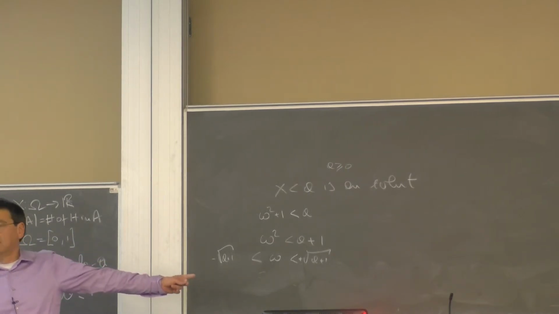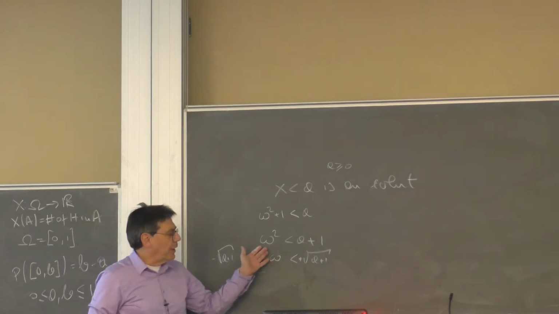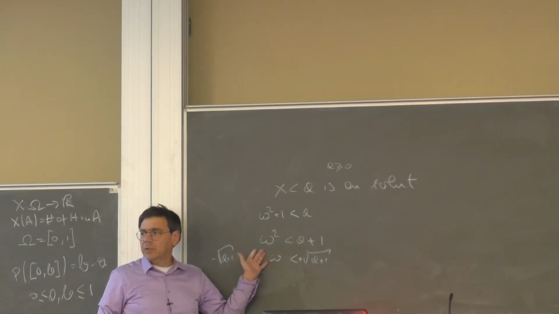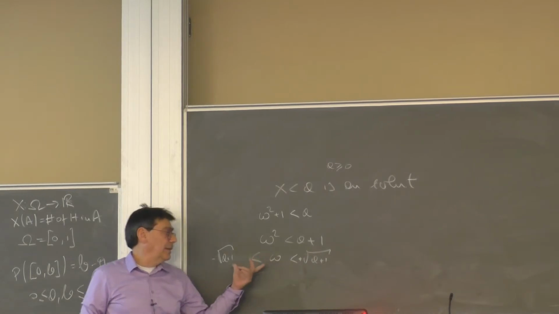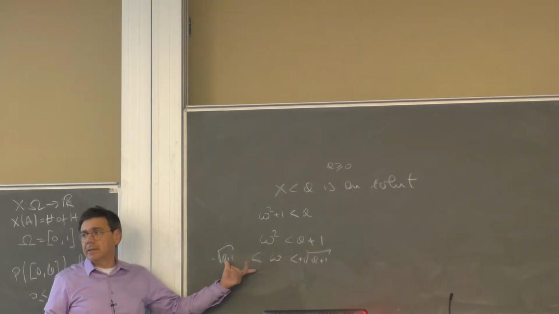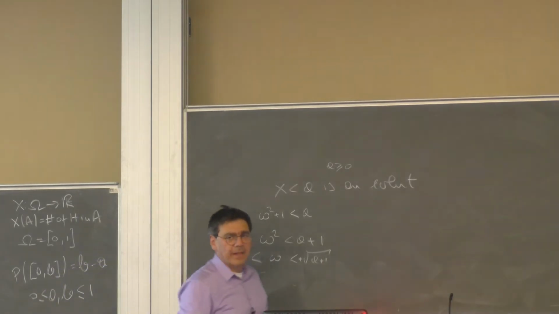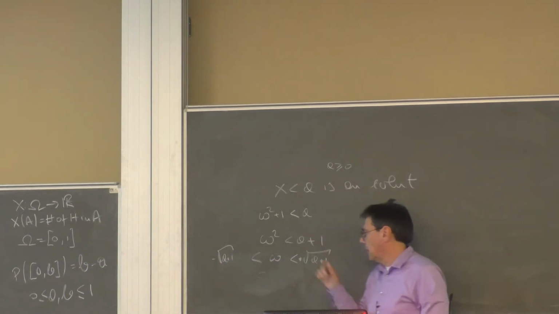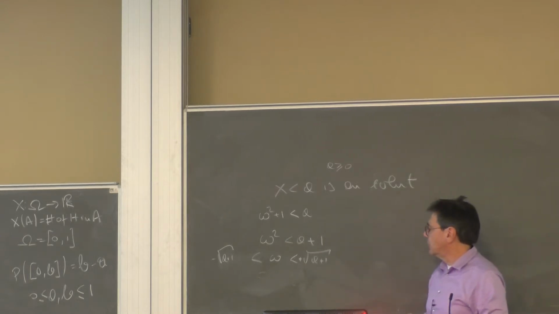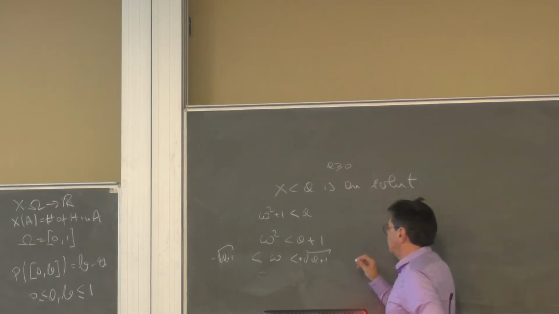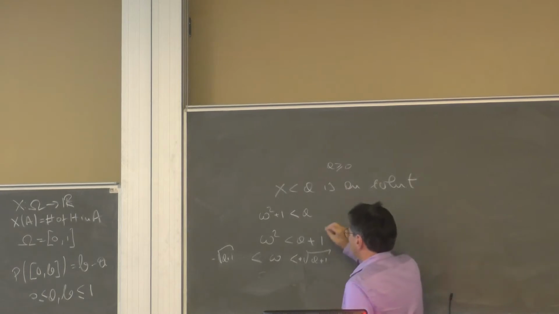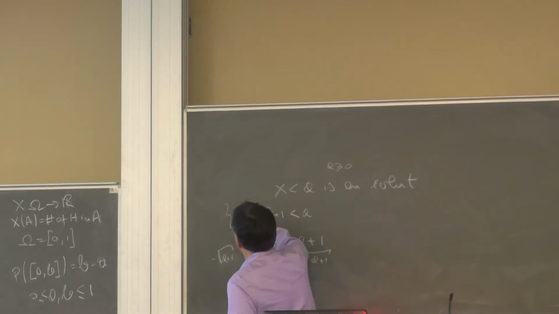Okay, this was one of the sets which we declared to be an event, an element in F, and this you can obtain by taking complements of other sets which are events. So I don't want to go into the details of this, but this is this event, the set of all the omegas for which this is happening.